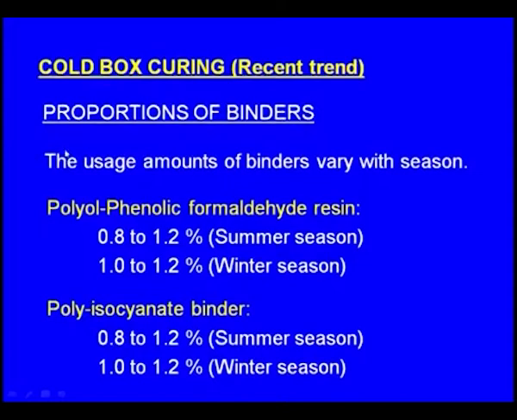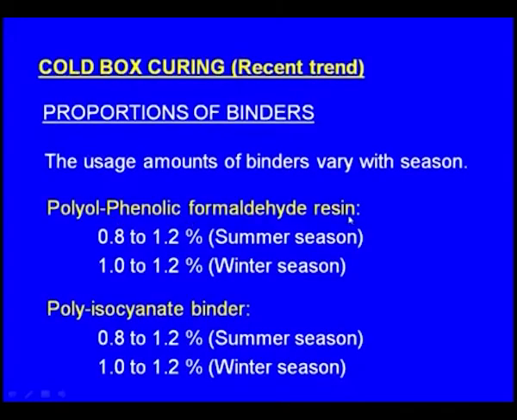So, these are the proportions of the binders in the cold box curing, which has been developed very recently. The usage of the binders varies with the season. The polyol phenolic formaldehyde resin varies from 0.8 to 1.2% during summer season, and 1% to 1.2% during winter season.